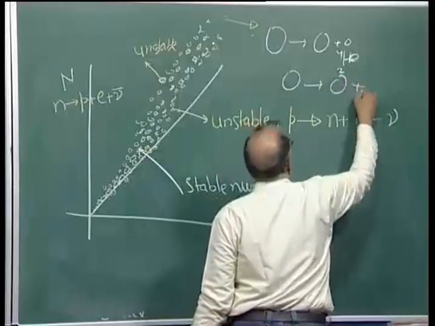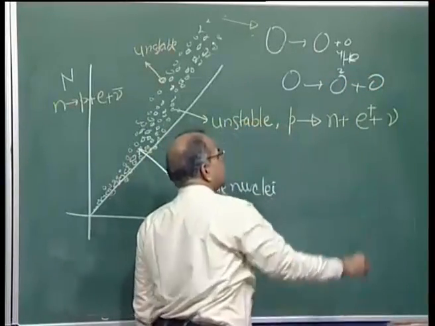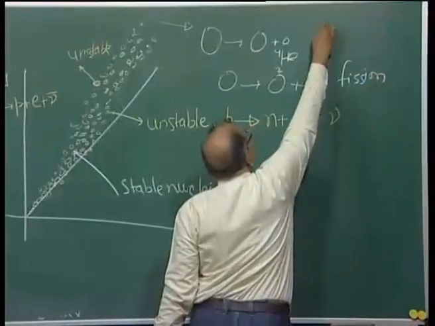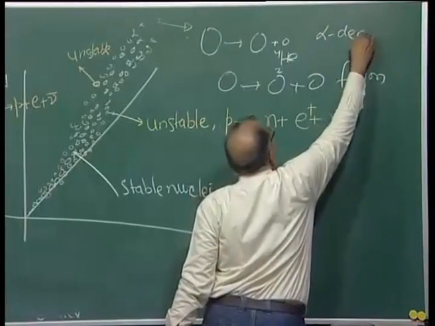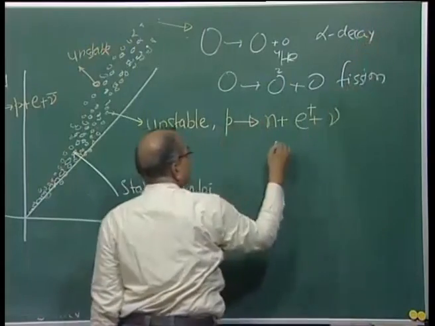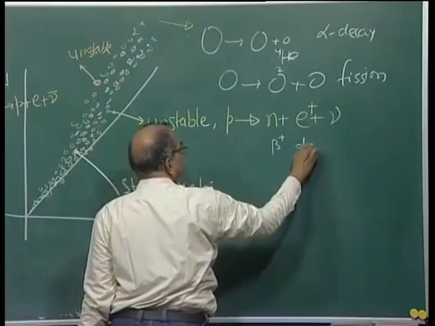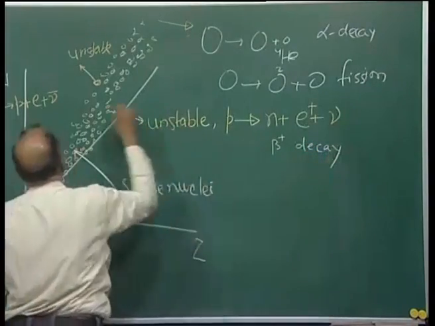It can fission in two roughly equal parts. So, this is fission, this is alpha decay, this is beta plus decay, and this is beta minus decay.